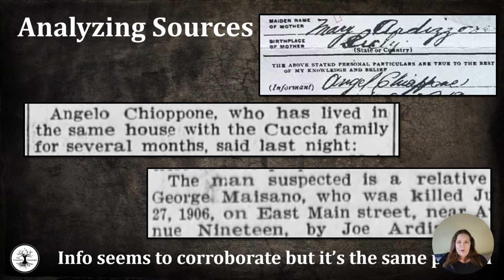Angelo states in the article that this is a family feud and Joseph Cuccia is Joe Artisoni's cousin. But is Angelo reliable on family relationships if he is just a boarder in the household? These are the things that you need to evaluate to see how reliable the information is and to see if these multiple facts and these multiple sources are actually just one source.